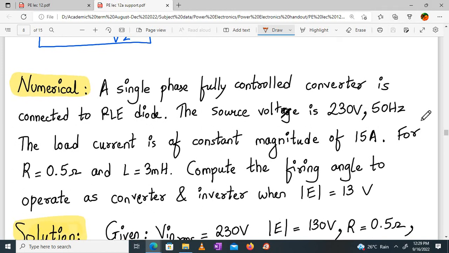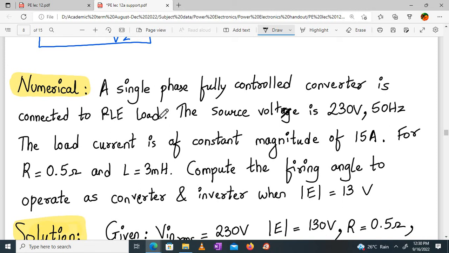A single phase fully controlled converter is connected to RLE load. The source voltage is 230 volt 50 hertz. What is this, Vm or V in RMS? No, it's V in RMS. Look at the statement: load current of constant magnitude of 15 amperes.